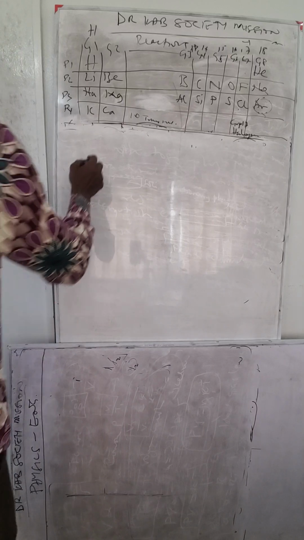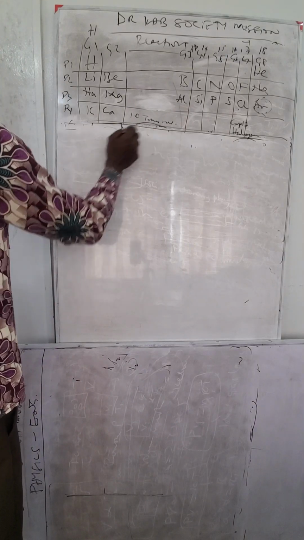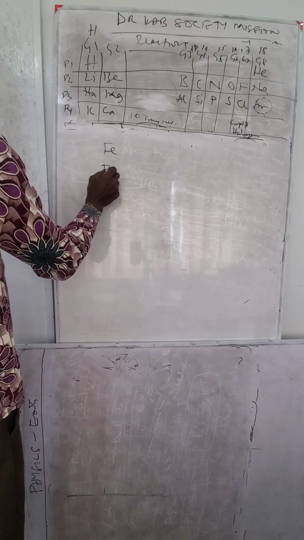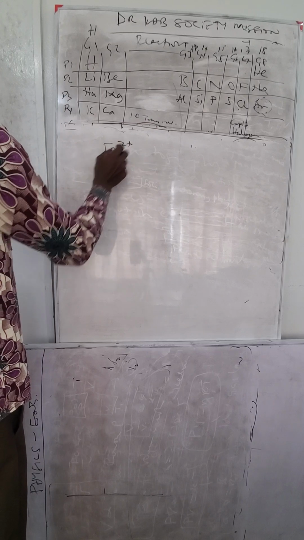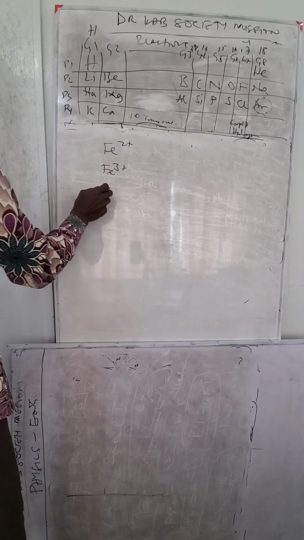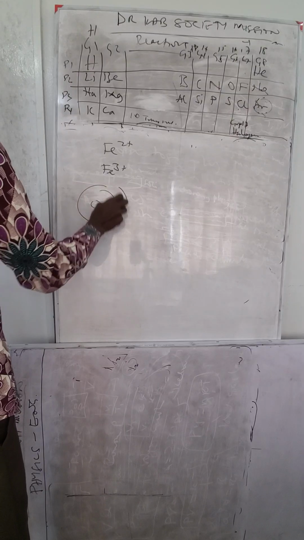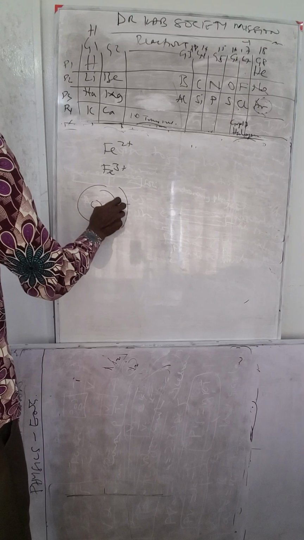Right, so let's also look at the transition elements, like Fe 3+. The electrons can move from one state to another.